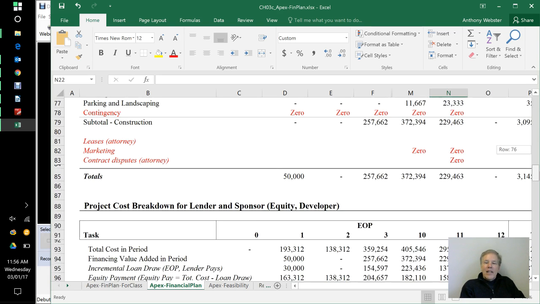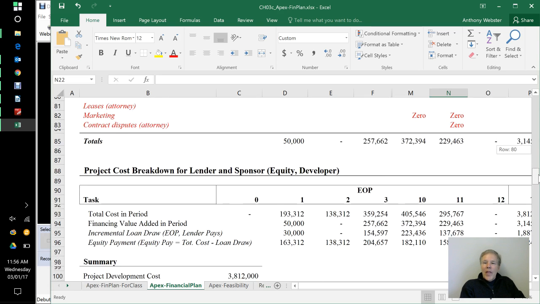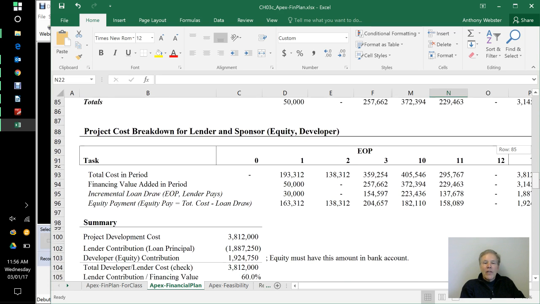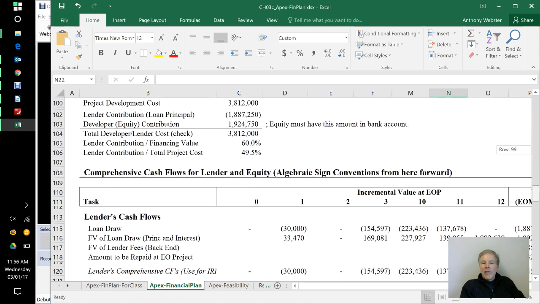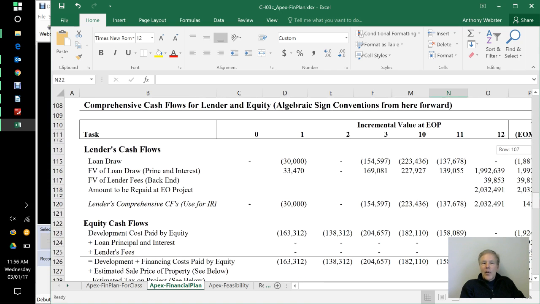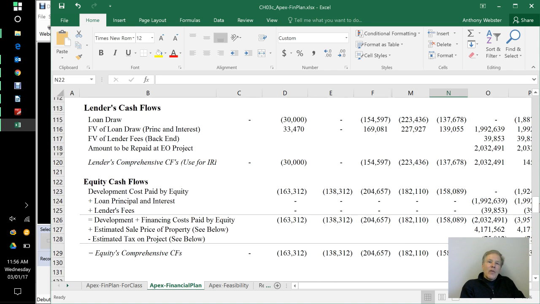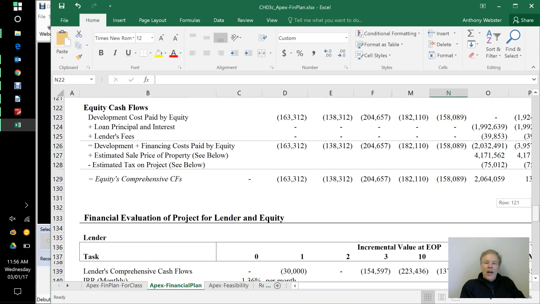From that and the terms of the loan, we could get the comprehensive cash flows for the lender and for equity. And we're concerned right now with equity because we want to know if CAG should go ahead with this project.